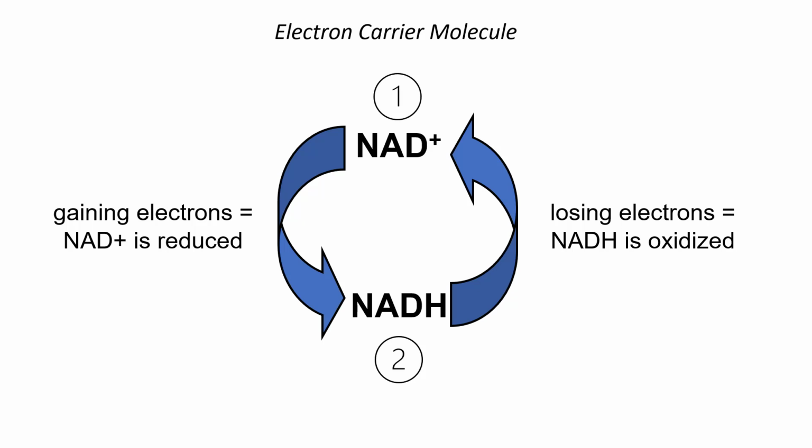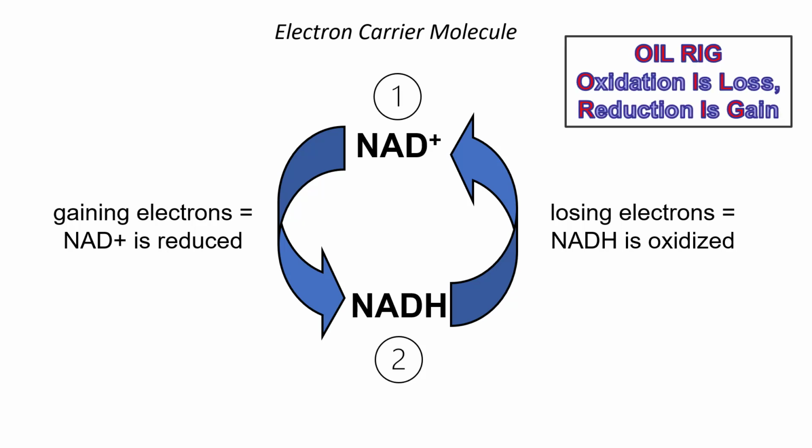When those electrons join to NAD+, that means it is reduced to NADH. We're going to keep that mnemonic in mind again. Oxidation is loss of electrons. Reduction is gain of electrons. So NAD+ becomes reduced to NADH.